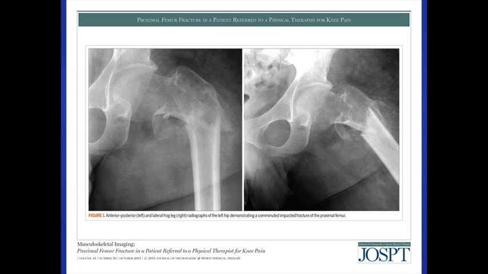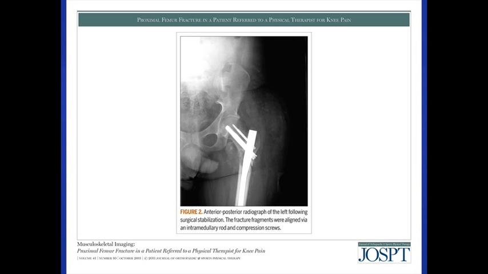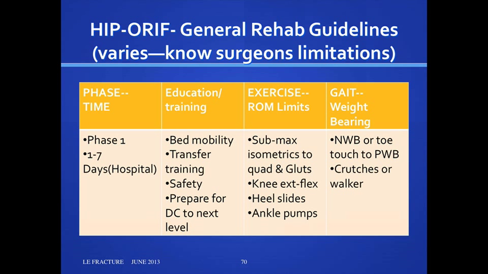I don't recall the exact nature of the case study, but you can see a patient referred for knee pain who actually had a comminuted impacted fracture of the proximal femur. So trauma, knee pain, antalgic gait, but the problem was related to the hip, although the patient was referred for referred pain to the knee.